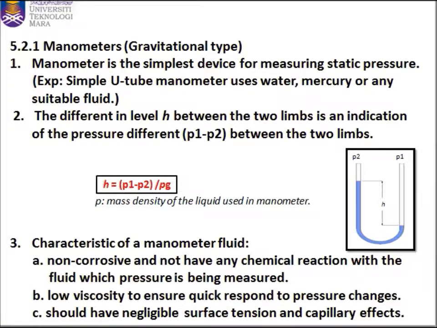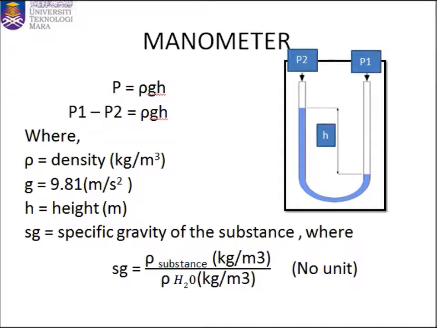So we move to the formula we discussed just now. We have the equation P equals rho g h and P1 minus P2 equals rho g h, where rho is the density, g is the gravitational acceleration, and h is the height difference.